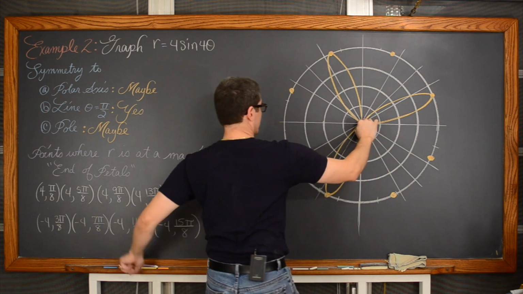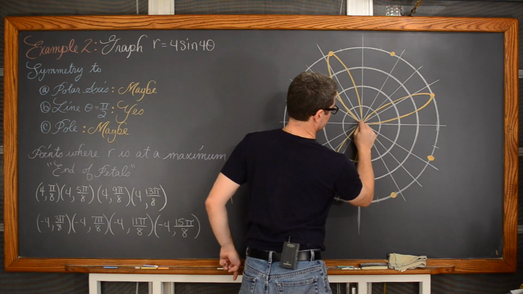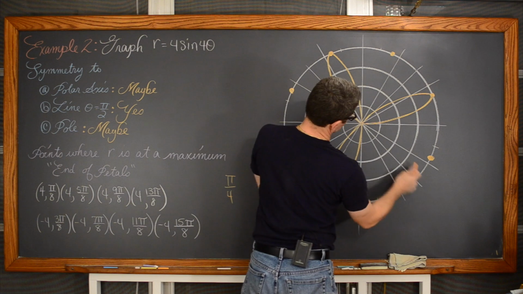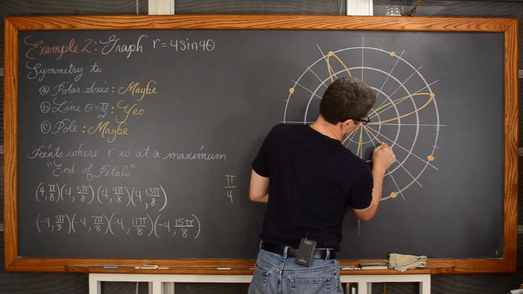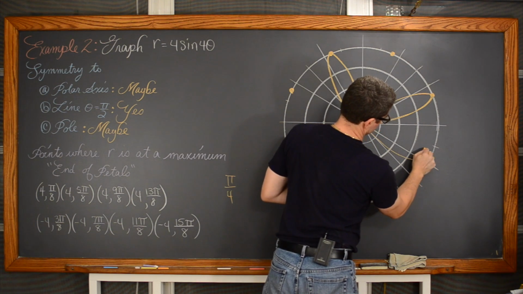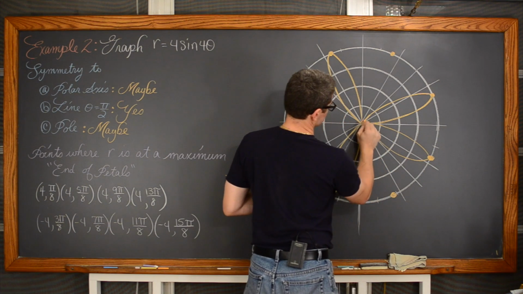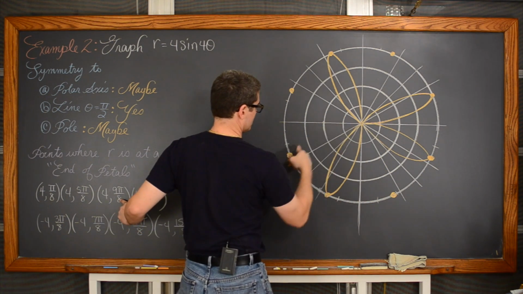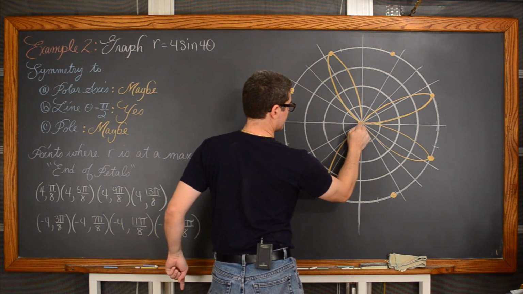And then at 7 pi over 8, which is here, we're at negative 4. And that's the 45 degree mark there. I'm trying to draw this as best I can. And then at 9 pi over 8, which would be here, we're back to positive 4.